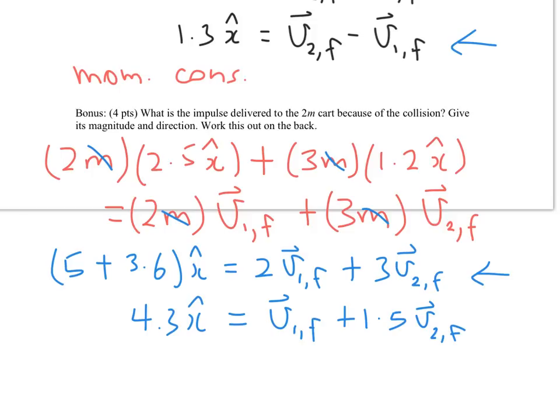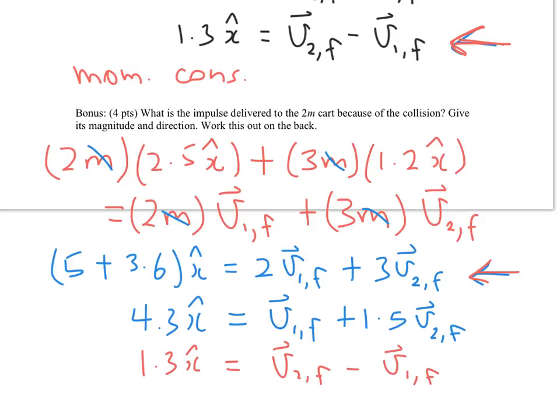Now, the reason I do this is because I can solve these two equations. Because I have two equations and two unknowns, I can solve for v sub 1f and v sub 2f. And the way I'm going to do that is I'm going to write the other equation down right below it, which is equal to v sub 2f minus v sub 1f.